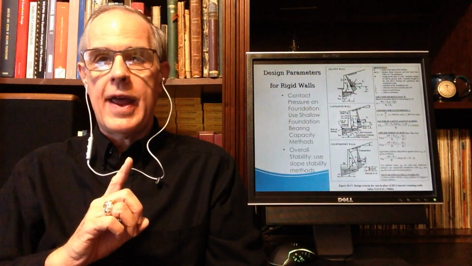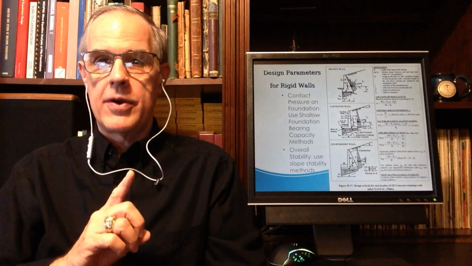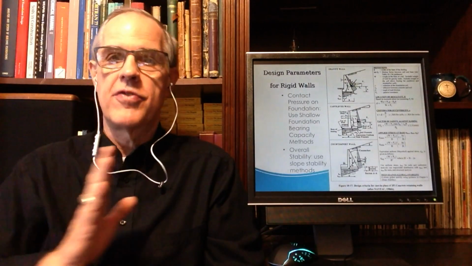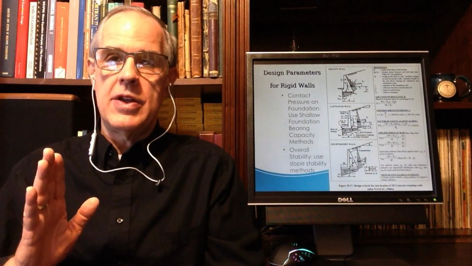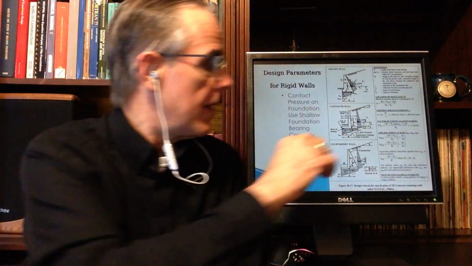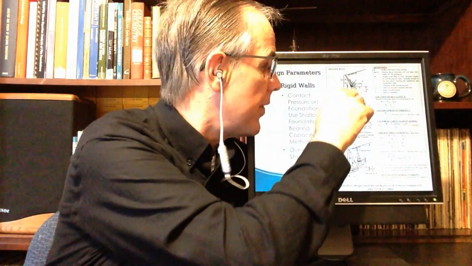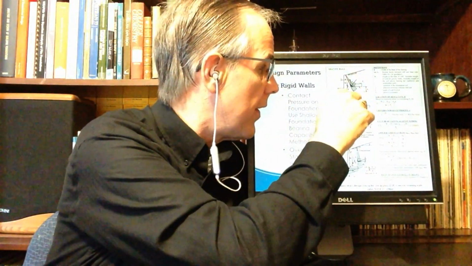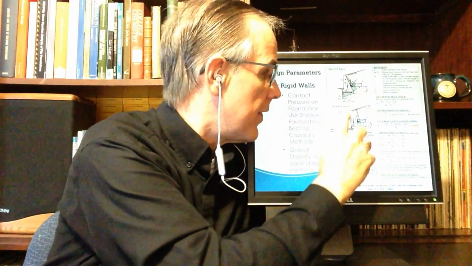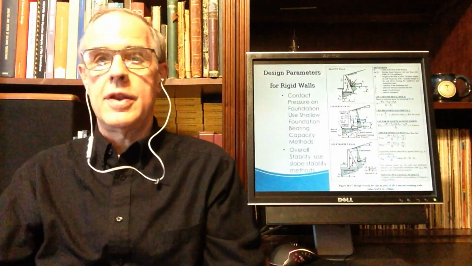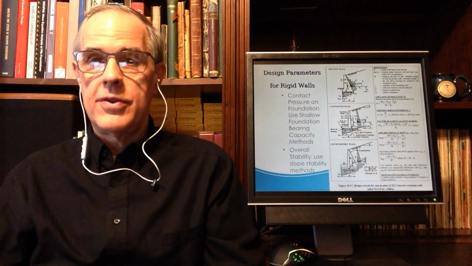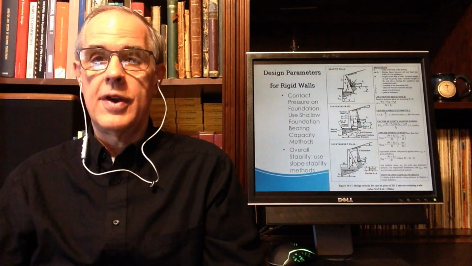It does not have to act through the center of the bearing surface at the bottom. In other words, it can be eccentric from the center. You have these forces acting, and the resistance comes in the vertical direction, and it doesn't have to run through the center. That's an important consideration.